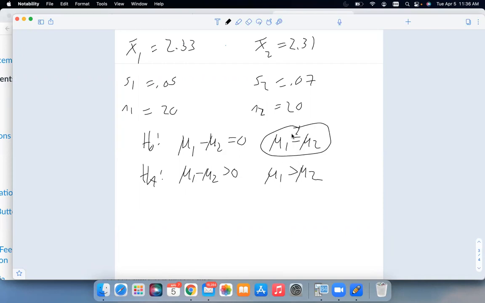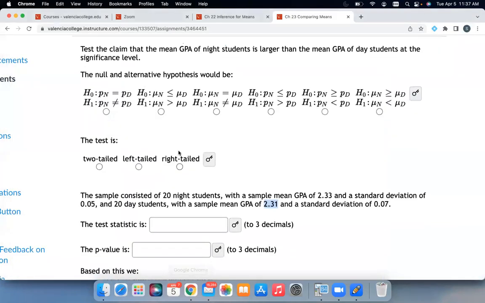Whatever this one is, that one will be the opposite. But that just confuses students, so I don't teach it that way. I teach that we always put an equal here. Whoever wrote this question teaches that if you put a greater there, we're going to put a less than here. So you figure this one out first, and that tells you what to put here. And that's what this question's asking us to do.